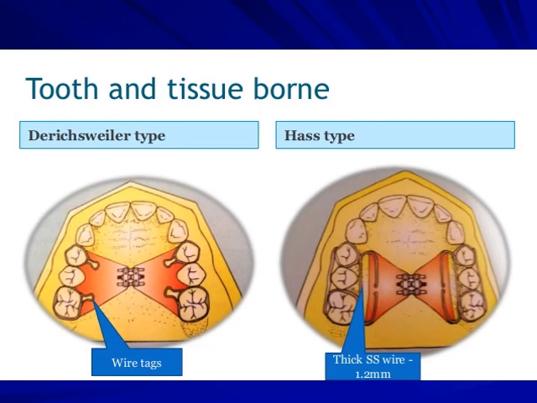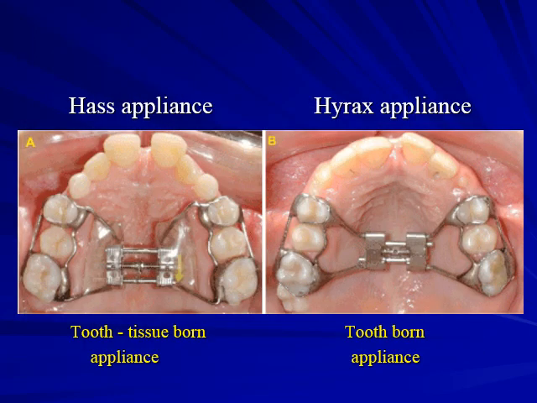Since these appliances have their support from the teeth and the palate, they are considered to be tooth and tissue-borne appliances. In this image, the Haas appliance looks similar to the Hyrax appliance with the exception that the Haas appliance has acrylic parts on the palate, which makes it a tooth and tissue-borne appliance.